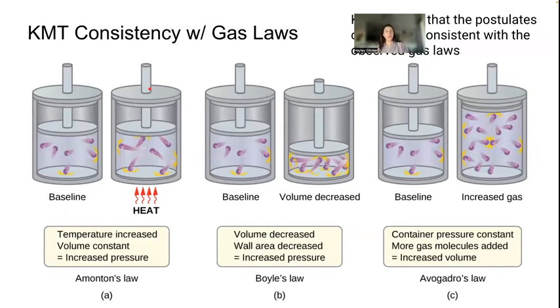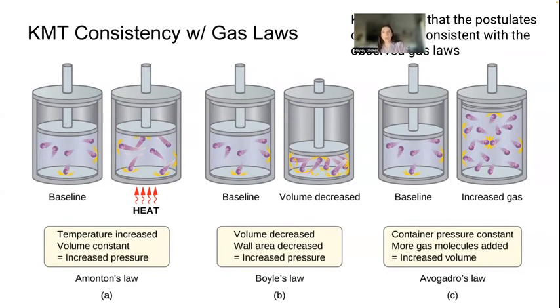So a lot of the descriptions that we talked about in class the other day about why our basic gas laws are valid utilize a lot of the same language that we talked about already, but we didn't have proper terminology. Everything that we talked about the other day about how our gas laws are valid is utilizing kinetic molecular theory to articulate why these quantitative relationships actually make sense.